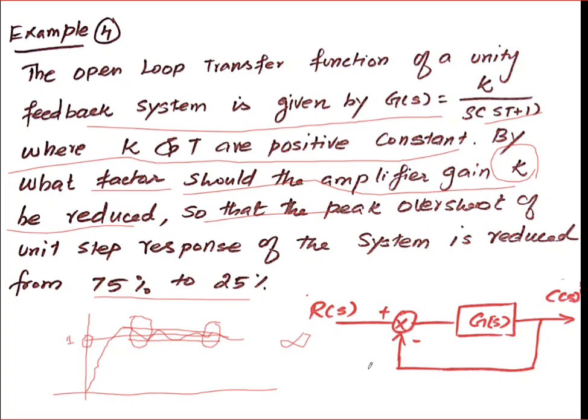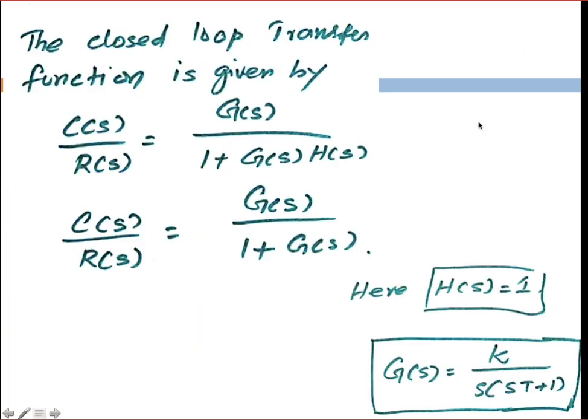This is the closed loop control system block diagram, and from the problem itself they have given unity feedback and the open loop transfer function K divided by s(sT + 1). The first step is to find the closed loop transfer function.